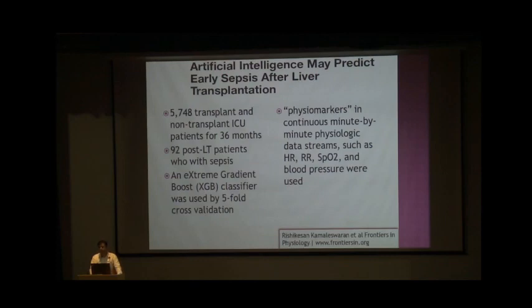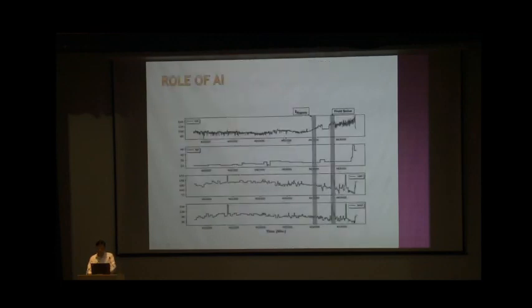Use of AI to predict sepsis early, before the true onset of sepsis. A huge number of patients has been included, recently published: 5,748 patients. They used physiological markers, minute by minute physiological data streams, to look into these parameters, clinical parameters and laboratory parameters.